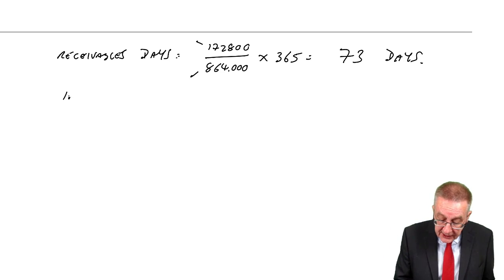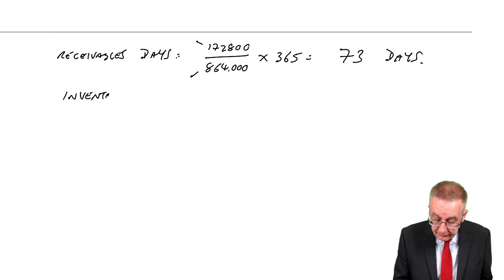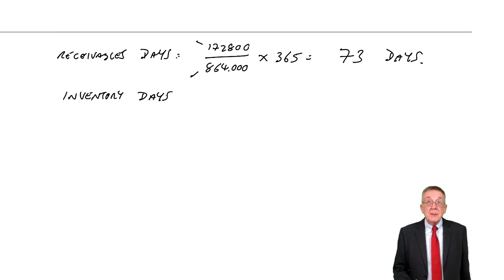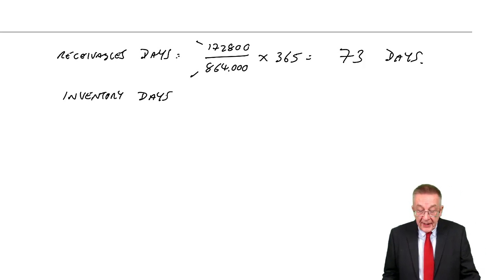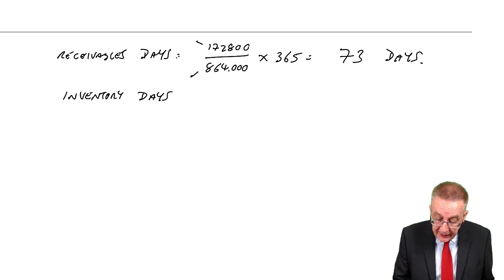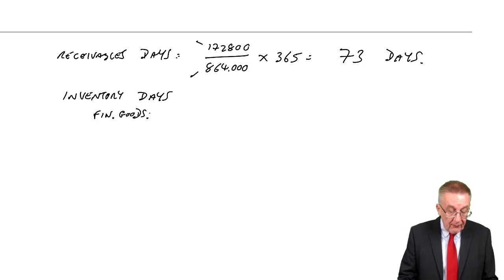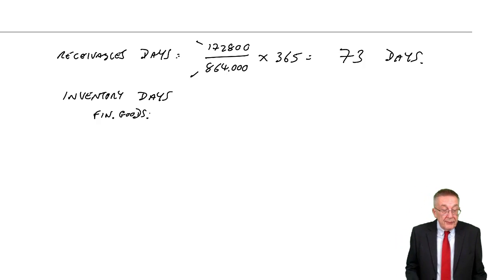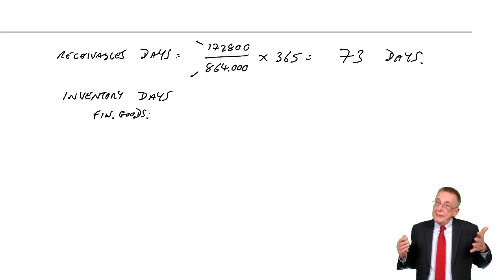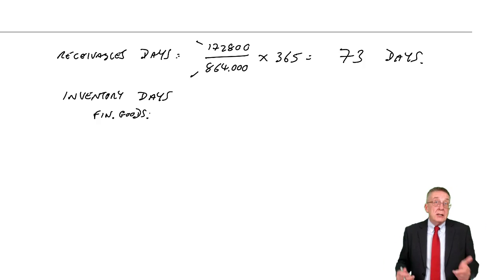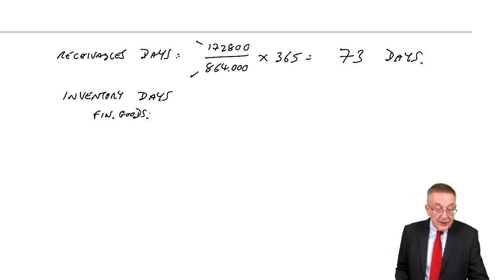What about inventory days? How many days do we appear to be holding inventory? Well, we've got these three types. So finished goods. The finished goods, again, although ideally we'd use the average for the year, normally we've only got year-end figures.